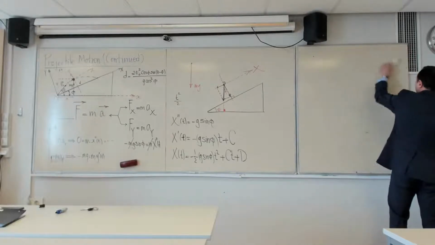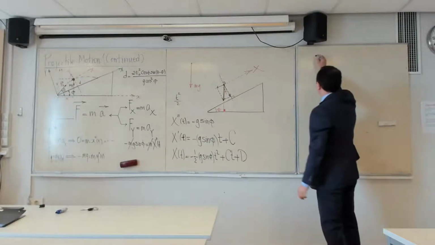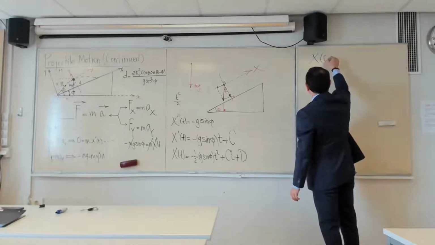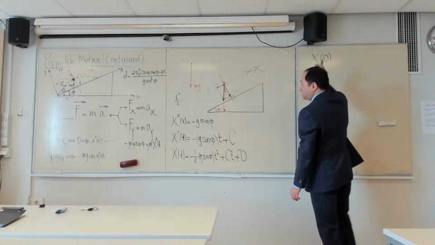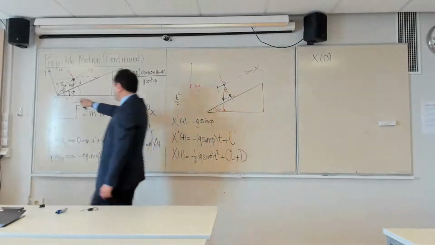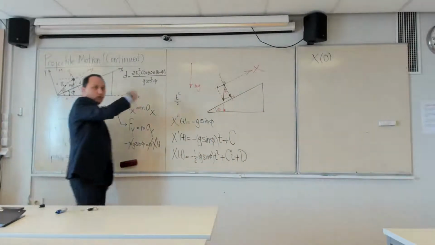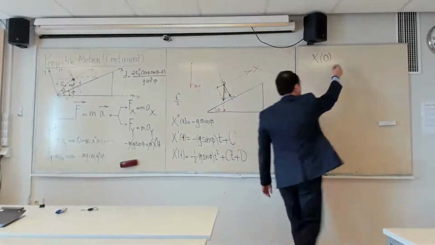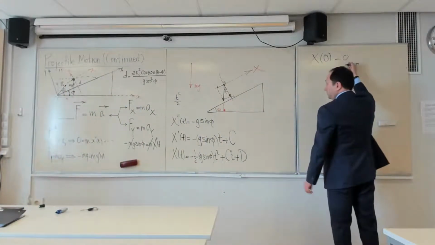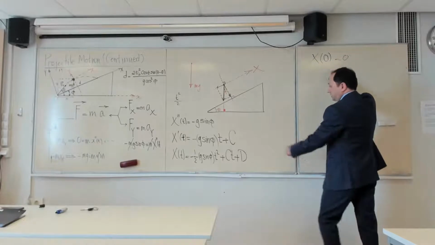So if I ask you, what is x, capital X at instant 0? When I just shoot the particle, it is originally here, initially here, yes? So what is x of 0? We know x of 0 should be 0, yes? Because initially it is there, so I put it here.